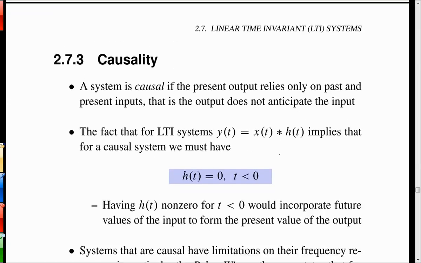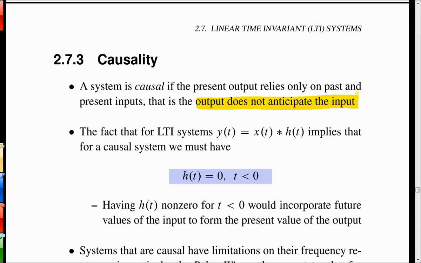So now causality, since I mentioned that, here's a reminder of how that works. A system is causal if the present output relies only on past and present values of the input. In particular, the output doesn't anticipate the input.